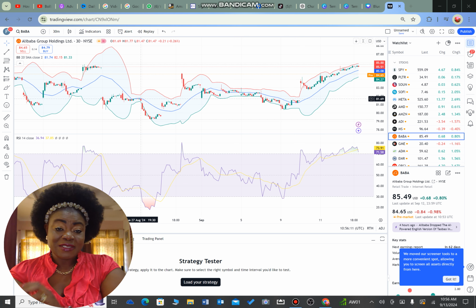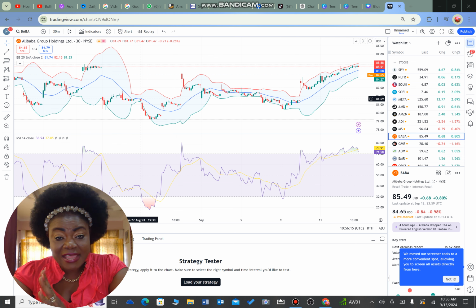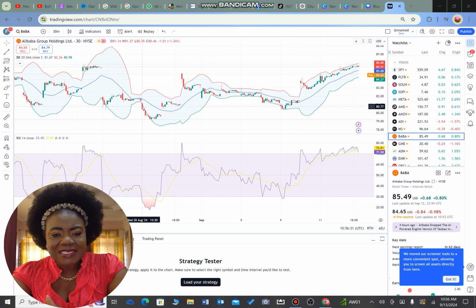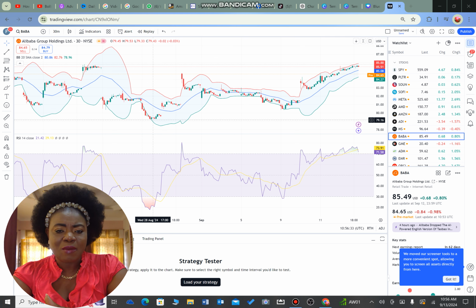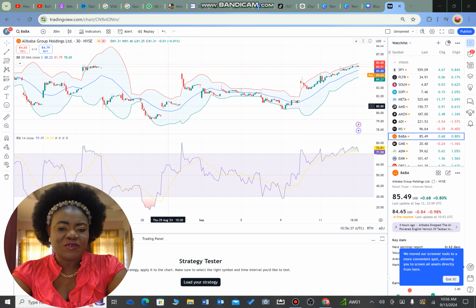Remember the moving average, that blue line on the Bollinger Bands: anytime price goes below it, it suggests that if it hits the lower band, then it either stays around the lower band or it will bounce back up to the moving average on its way to the upper band.